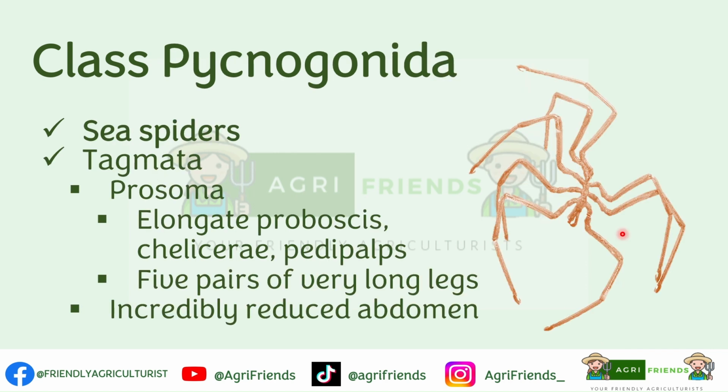The class Pycnogonida or the sea spiders also have a prosoma, which is this part, and it contains the elongated proboscis, the chelicerae, and the pedipalps. And it also has five pairs of very long legs. However, their opisthosoma or abdomen is incredibly reduced.